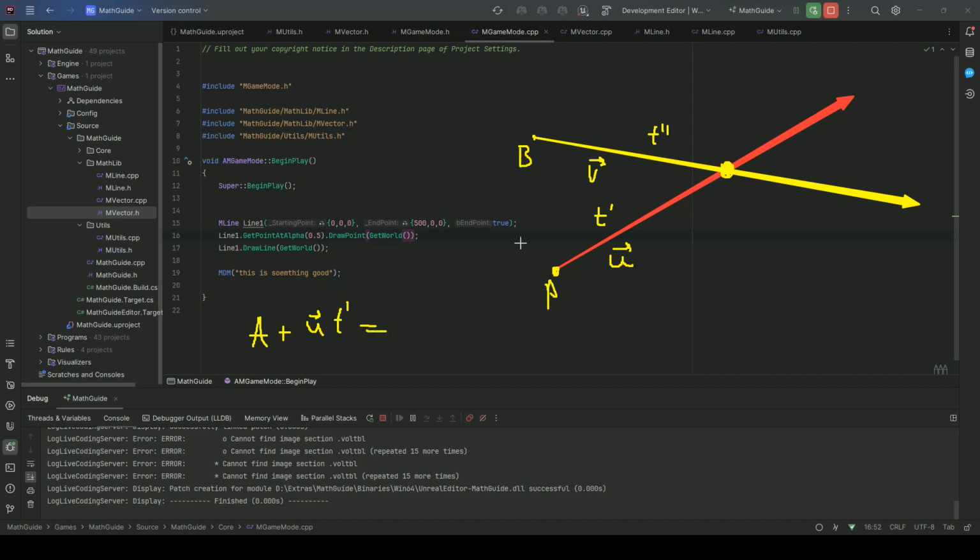Which will be equal to, now write the same thing in terms of B. So B plus, B is a point, right? So B plus V vector into alpha 2, right?